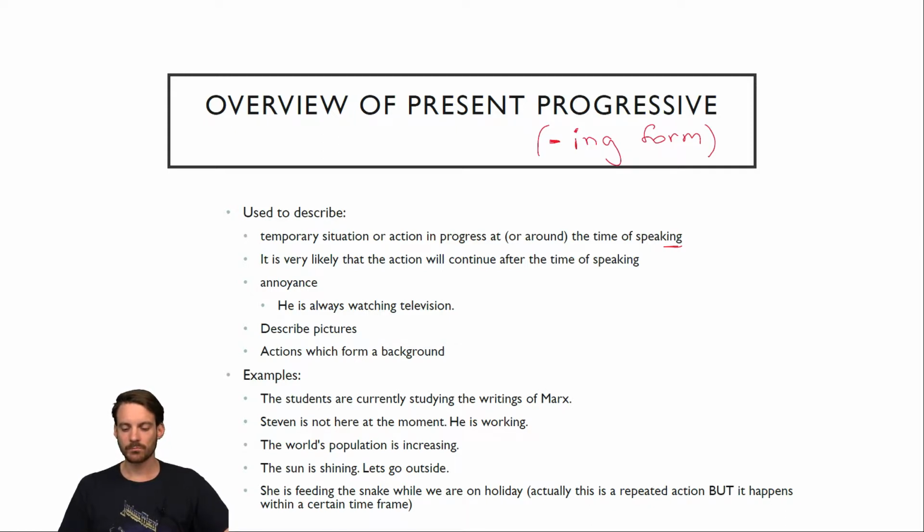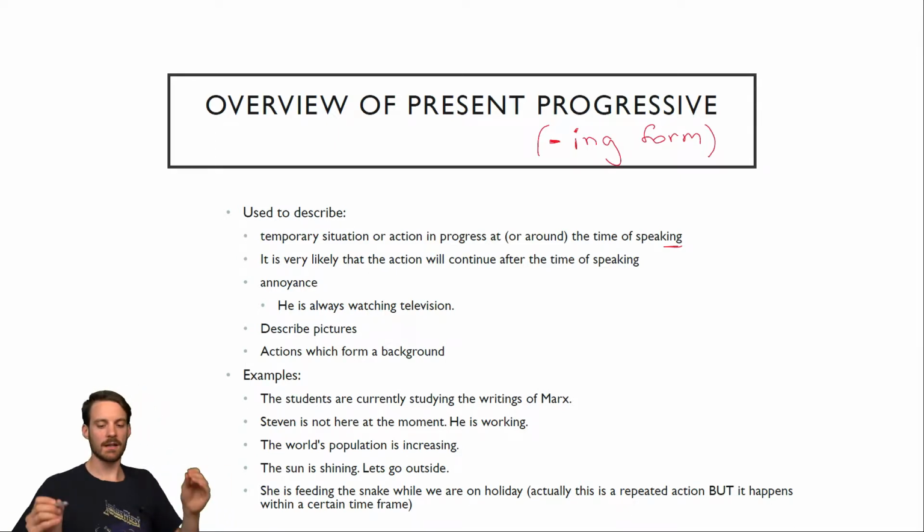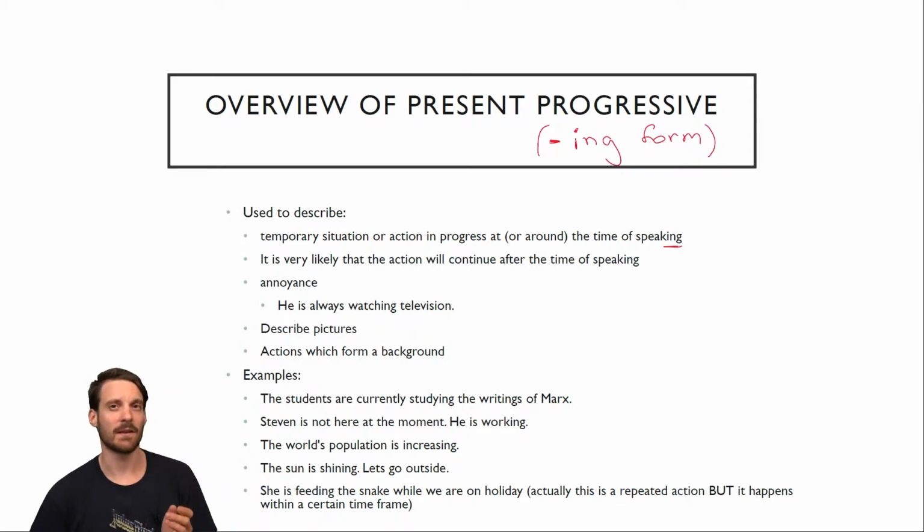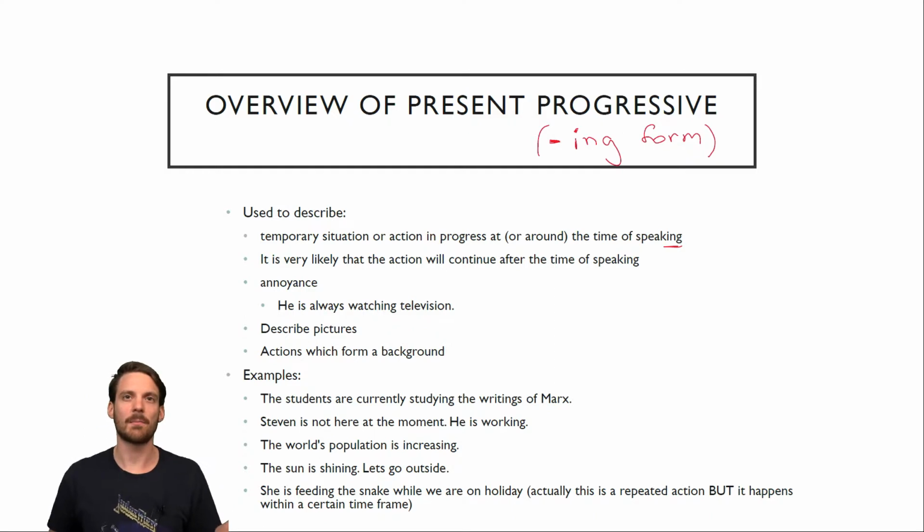So that's an action that happens around the time of speaking. The important thing is that the emphasis is on the action, and if someone uses the continuous, progressive or the inform, it can emphasize that something has happened that a person doesn't normally do.